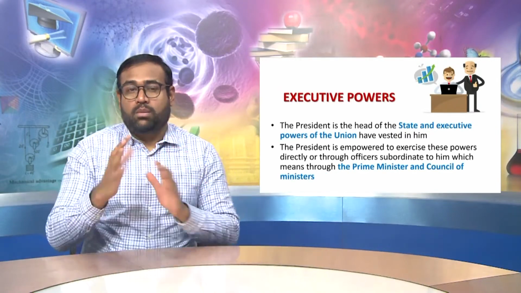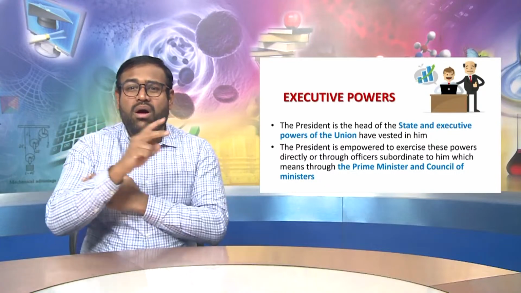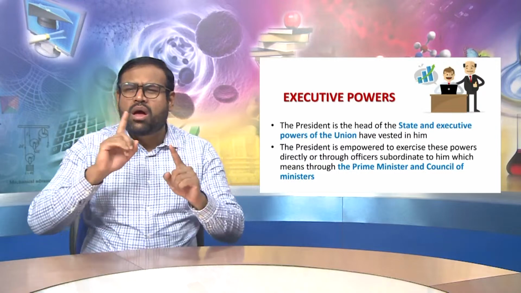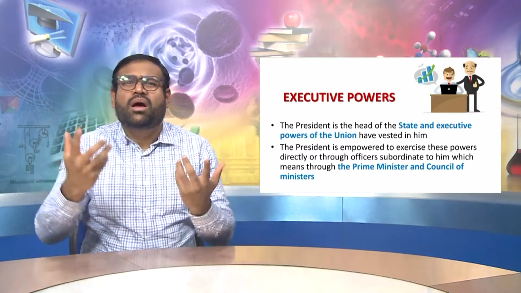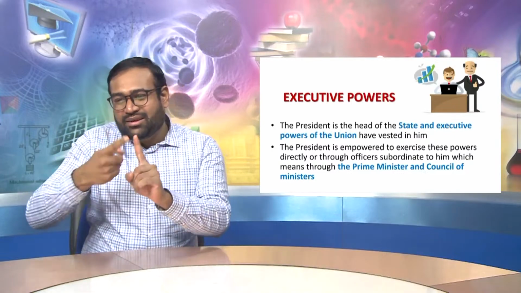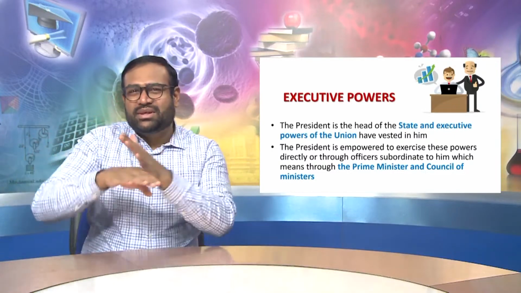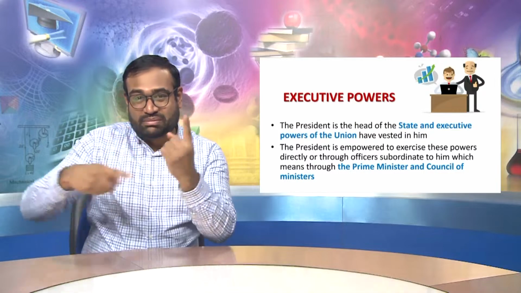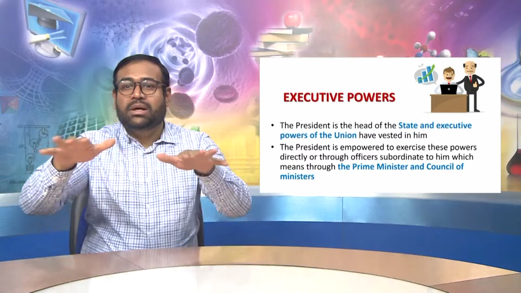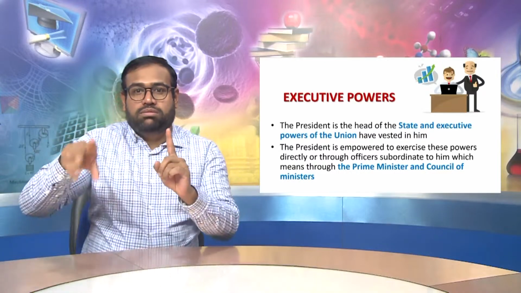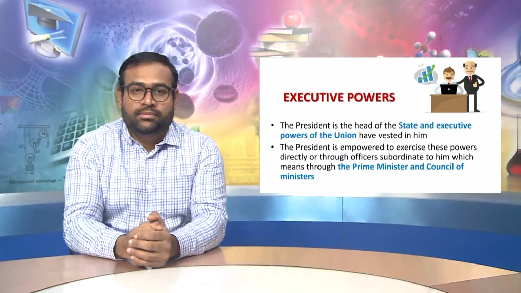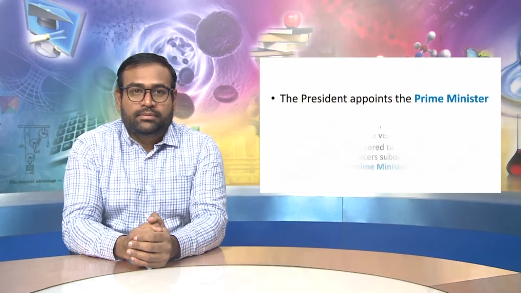Second point, the president is empowered to exercise these powers directly or through officers subordinate to him, which means through the prime minister and council of ministers. It means president can use his power.